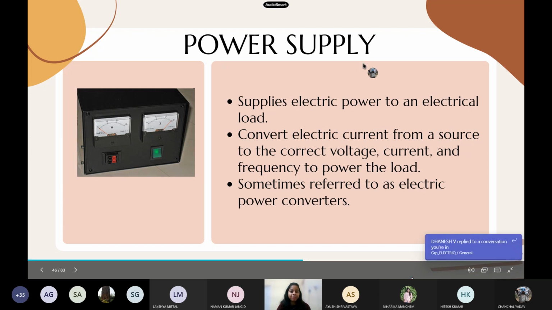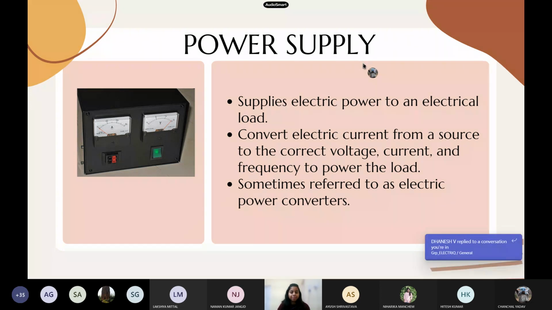Then comes the power supply. A power supply is an electrical device that supplies electrical power to an electrical load. Don't confuse it with a power source like batteries and cells, as a power supply converts electric current from a source to the correct voltage, current and frequency to power the load. That is why sometimes it is also called an electrical power converter.